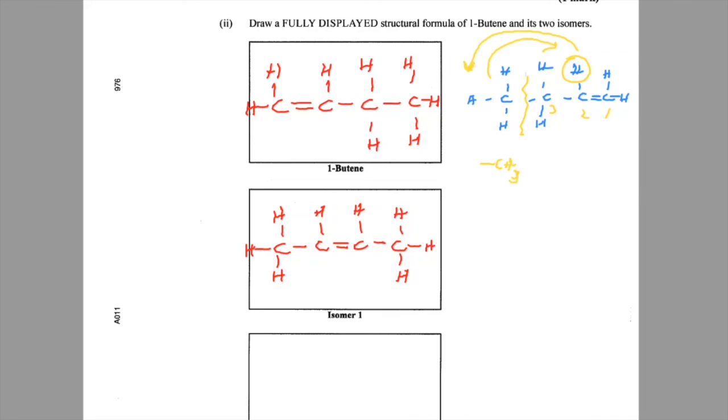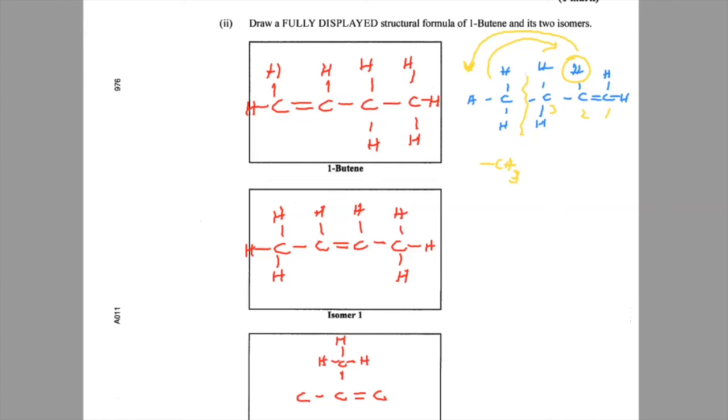So when we do that, this is what things will look like to give us isomer number 2. So this is what we'll have. Carbon 2 is in the middle. We're putting on the methyl group, that's CH3. We're going to draw it out, all fully displayed.